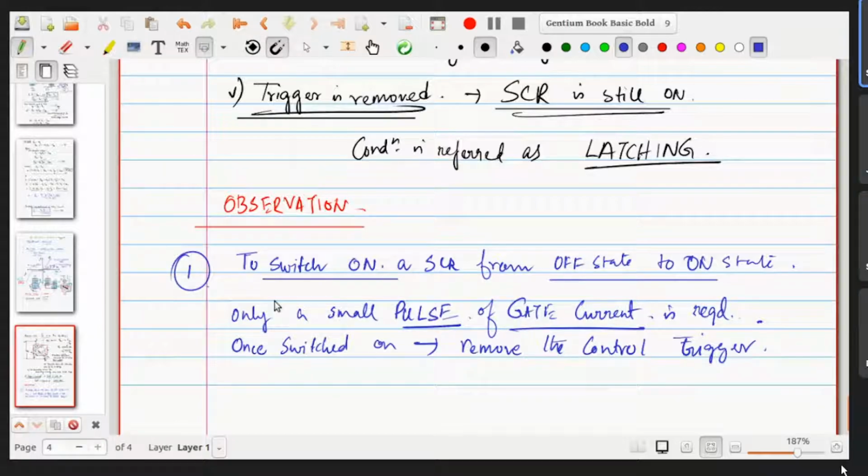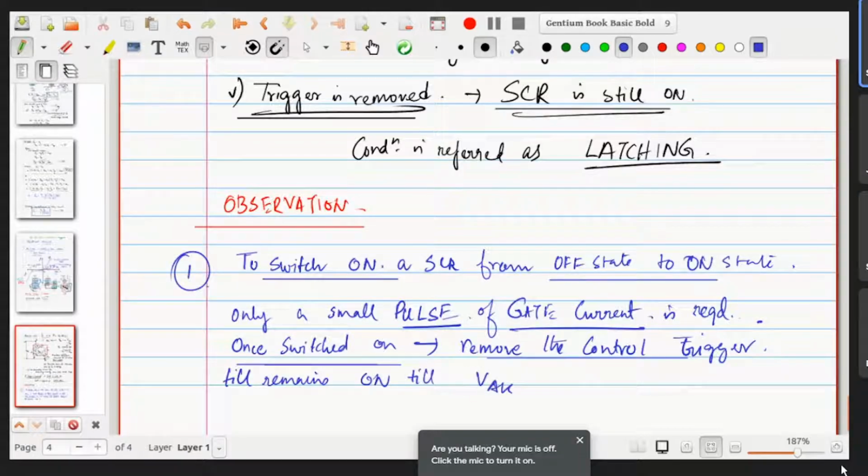How long will it remain on? It will continue to be on until you can reduce it. Once switched on and the control removed, it remains on till the voltage from anode to cathode is drawn back to zero by some method. That is our turn off method discussion.